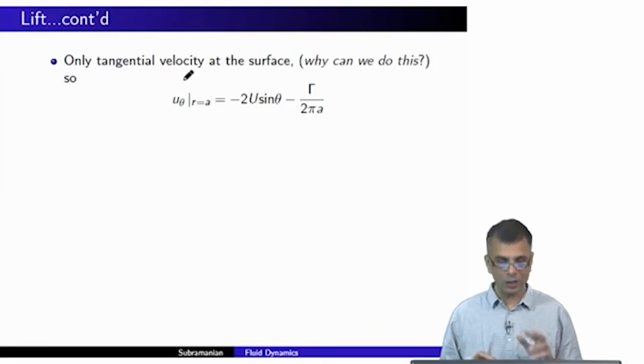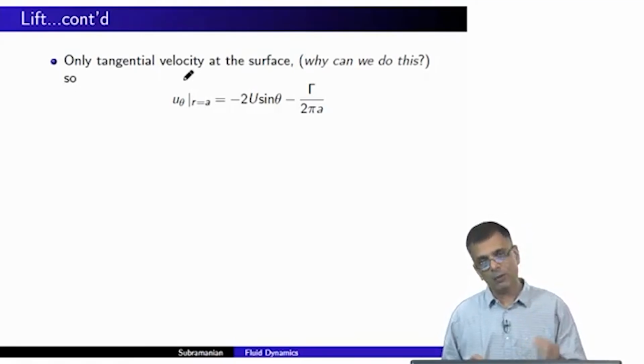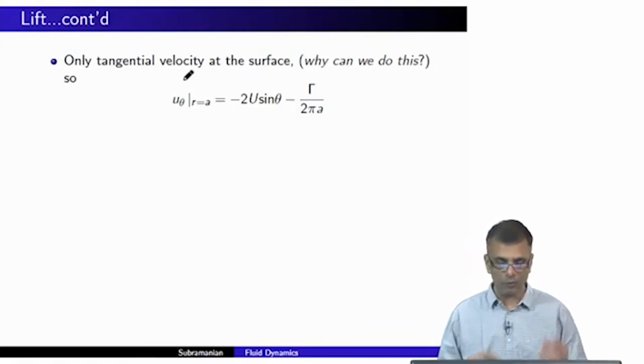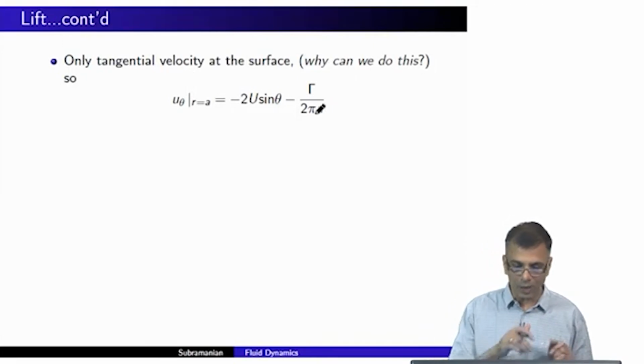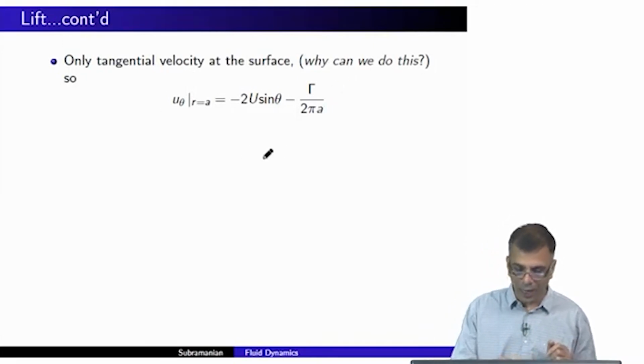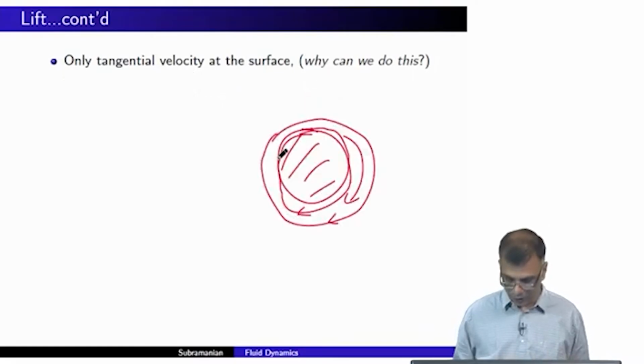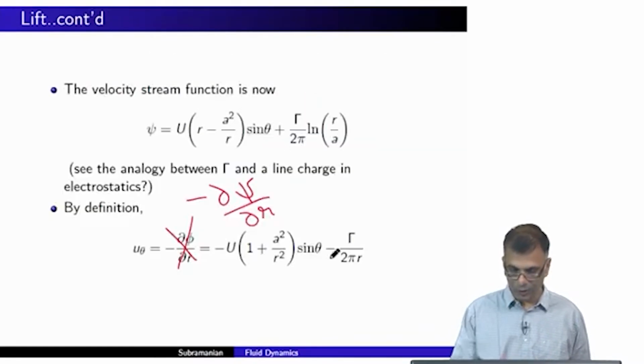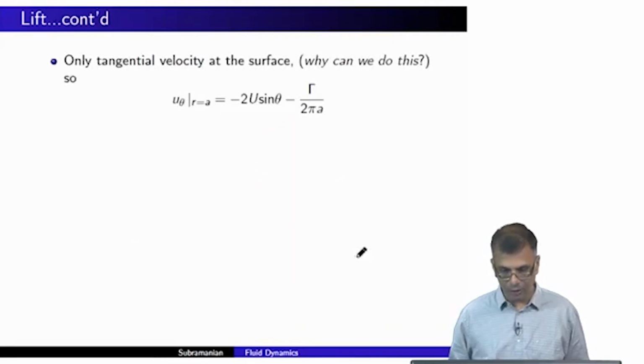Both the components of velocity vanish for viscous flow at the surface. But here we are looking at the mathematics of a potential flow in which tangential velocity is allowed, and so for the tangential velocity at the surface, you simply put r equals a in this solution, and you get this.